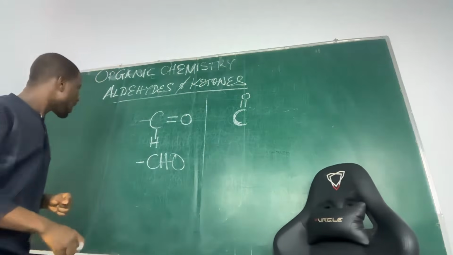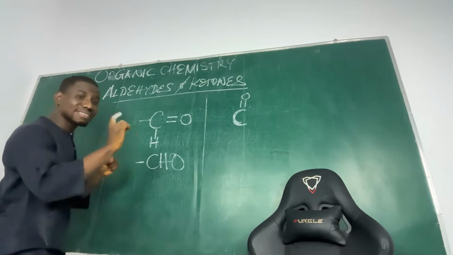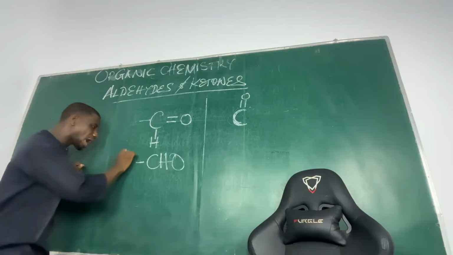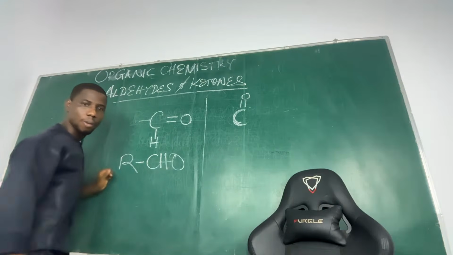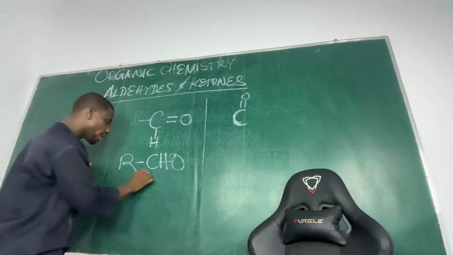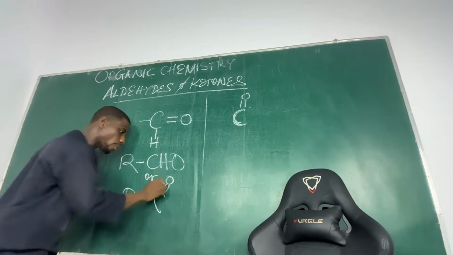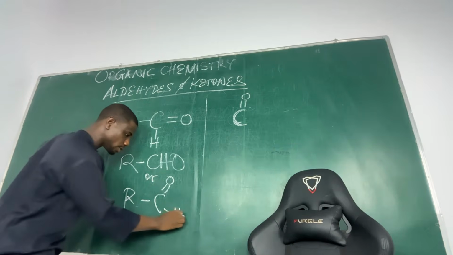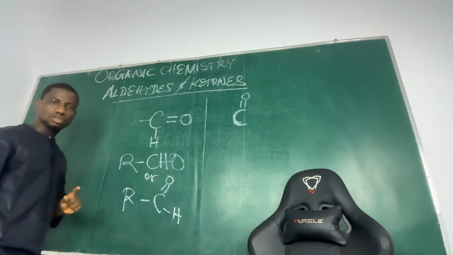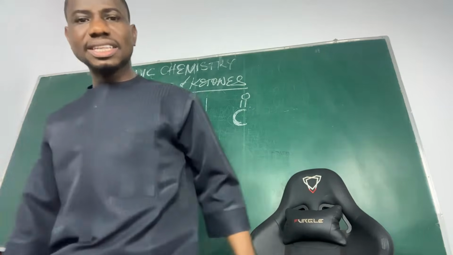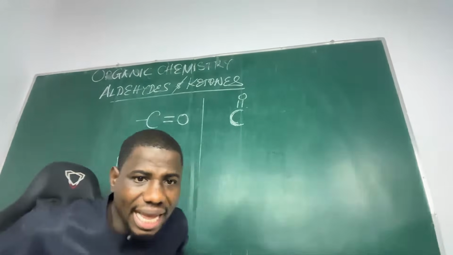So if we want to represent an aldehyde group, we can say RCHO. Or it will be written this way: R, carbon with a double bond to oxygen and one bond to hydrogen. However you want to put it, it represents a carbonyl group.